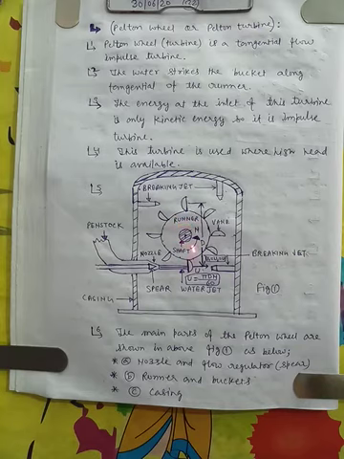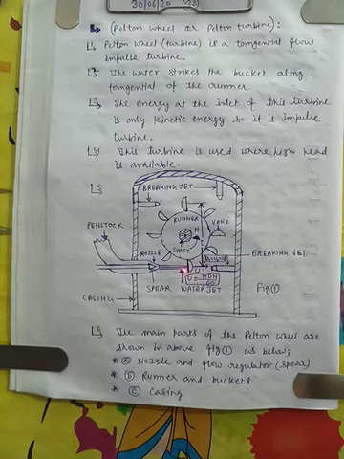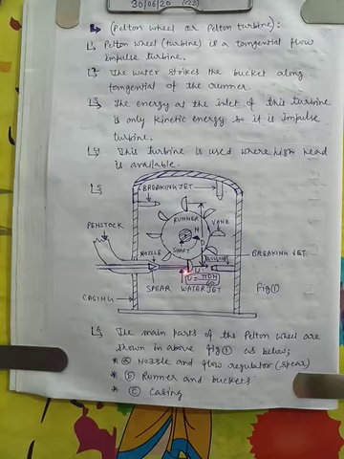This is a circular disc. It is called runner of the turbine. It is mounted on the shaft, and on the periphery of the runner there are a number of buckets. These buckets are having double hemispherical shape. Two hemispheres are jointed, and the common wall of these two hemispheres is called a splitter.